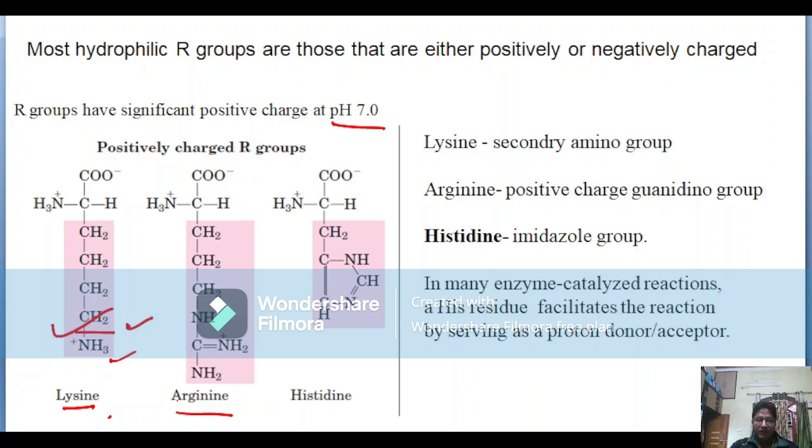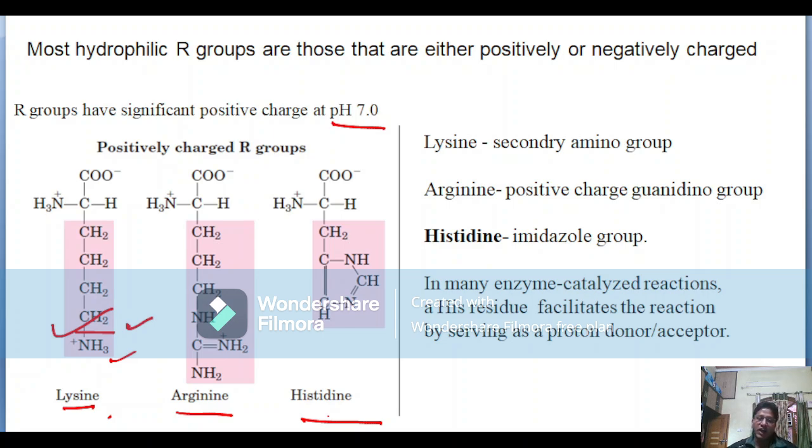Histidine has an imidazole ring, and it is also a positively charged amino acid. It is involved in many enzyme catalyzed reactions because the histidine residue facilitates the reaction by acting as a proton acceptor or proton donor.